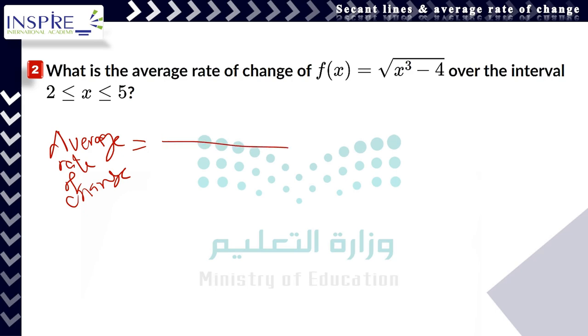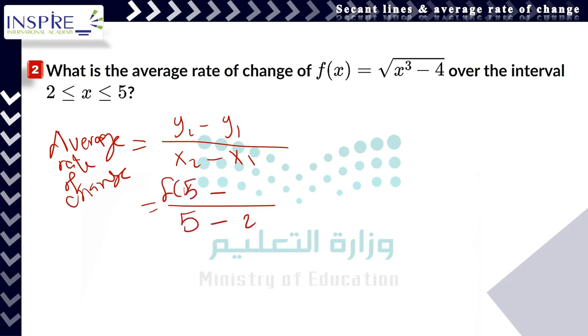So it is the same rule, y2 minus y1 over x2 minus x1. We will start with x, we will use 5 and 2, and then we will get f of 5 and f of 2. Use a draft.